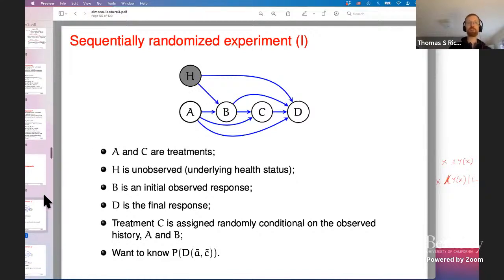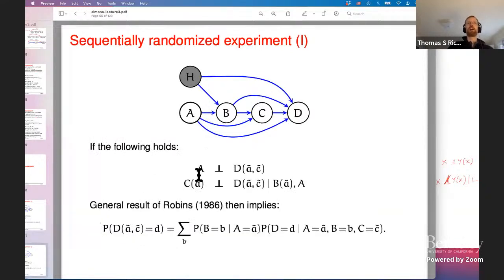Okay? Now what we want to do, given that we did this experiment, is to know the distribution over D when we intervene on A and C. The old results of Jamie's say that if these two independencies hold, then we can use this expression, an instance of the G formula, to identify this. In the last lecture, I'm going to show you how to derive this.